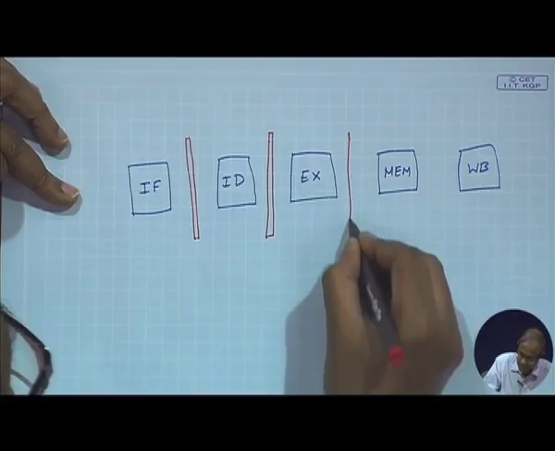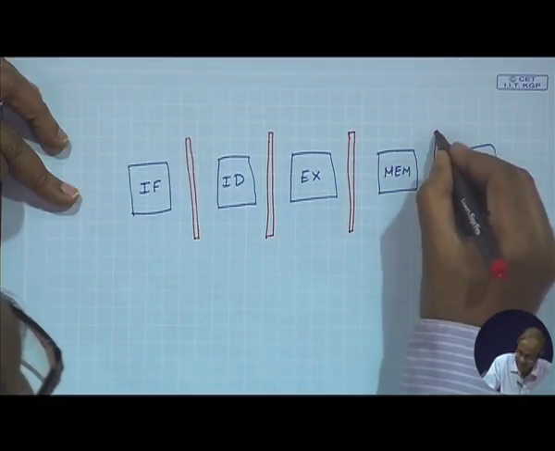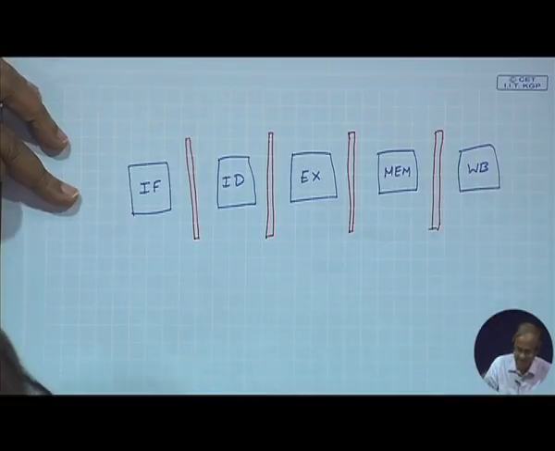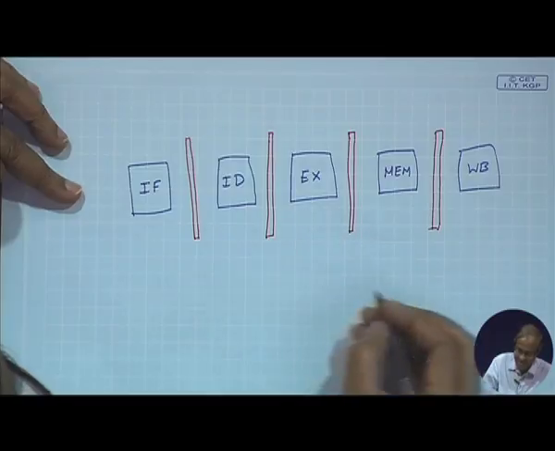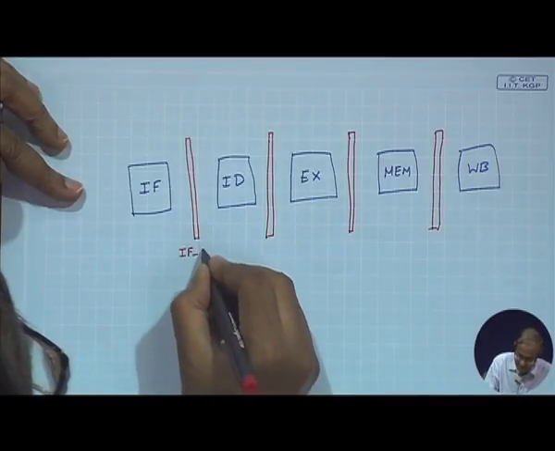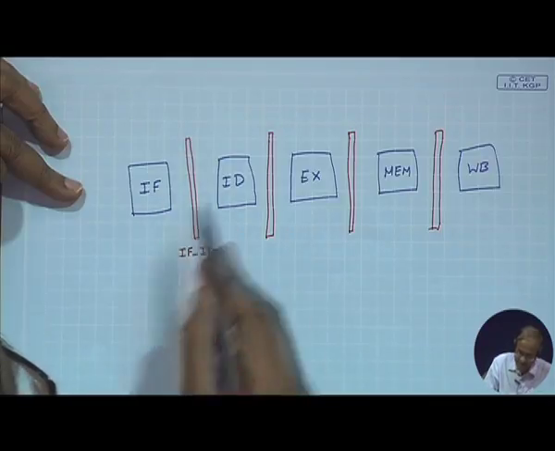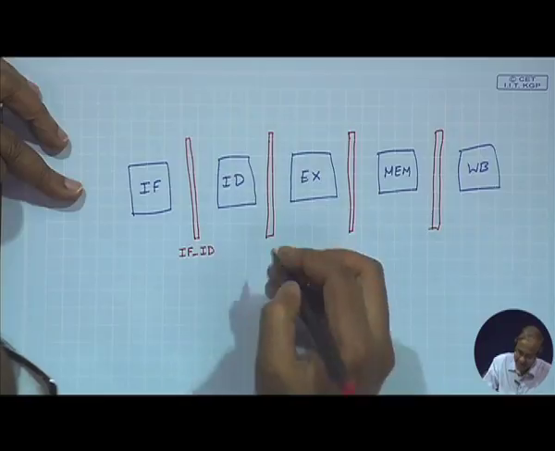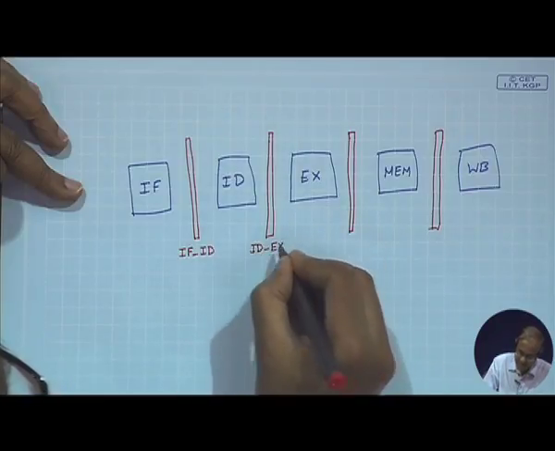So, for our interest we need these 4 interstage latches. We give some names to these latch stages. We call this stage IF underscore ID. That means the latch stage that is sitting between IF and ID. This latch stage we call ID underscore EX.